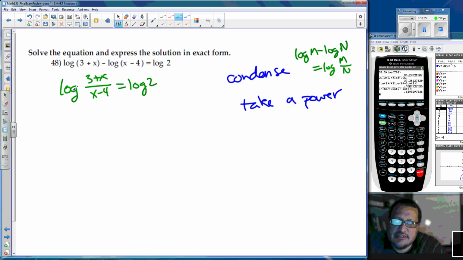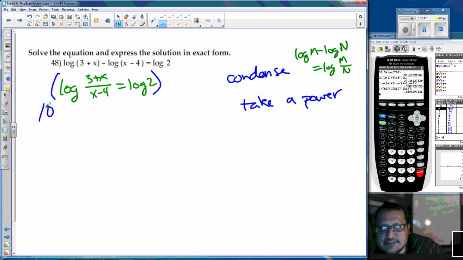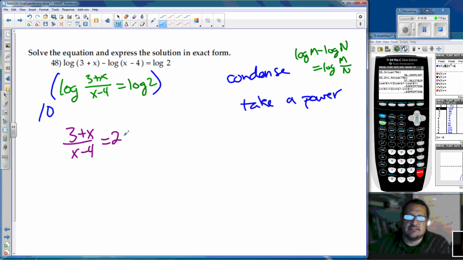Now what's the inverse of log? It's the 10th power. So it's like I'm taking everything to the 10th power. This is going to cancel out, and I'm left with just 3 plus x over x minus 4. The 10 here would cancel out this log, and I'm left with just 2. So now we're left with just a chapter 1 problem.